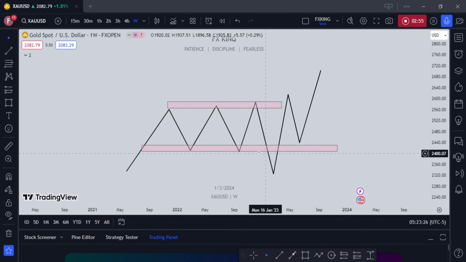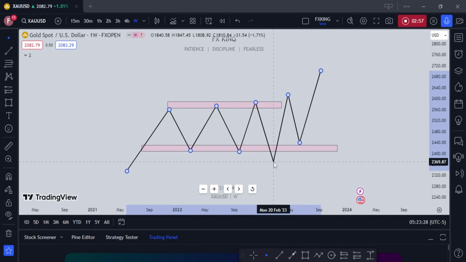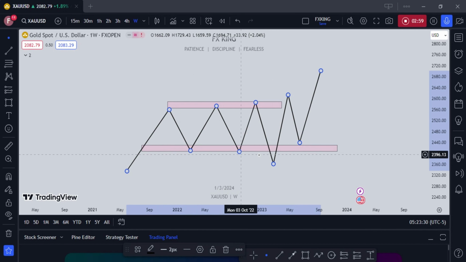Once this liquidity has been taken and your single candlestick order block has already been formed, you can enter here for a buy. If you have not watched the video on single candlestick order block, just check my previous videos. Once this liquidity has been clearly grabbed, you wait for any single candlestick order block.